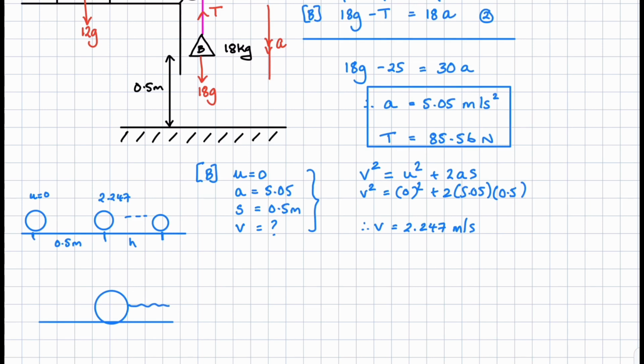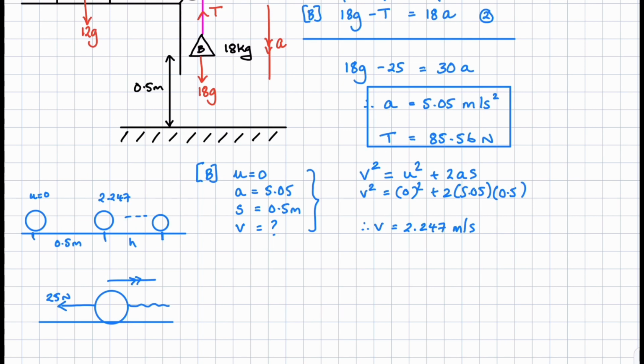In other words, there's no tension in the string at the minute. However, remember, there is still a constant resistance force of 25 newtons, and it's still moving towards the right. What we want to do is work out what that deceleration is going to be.